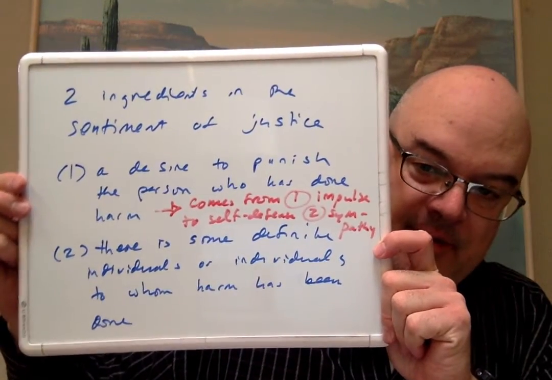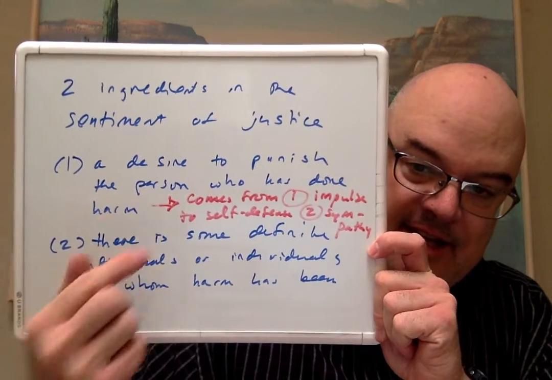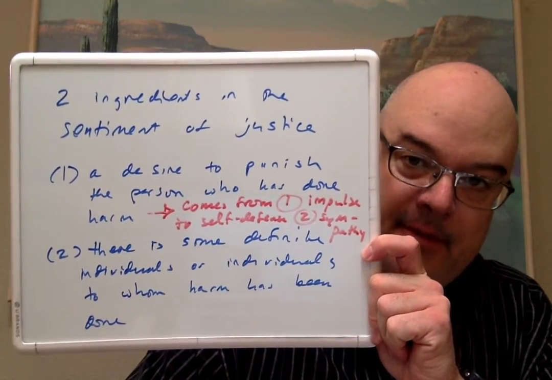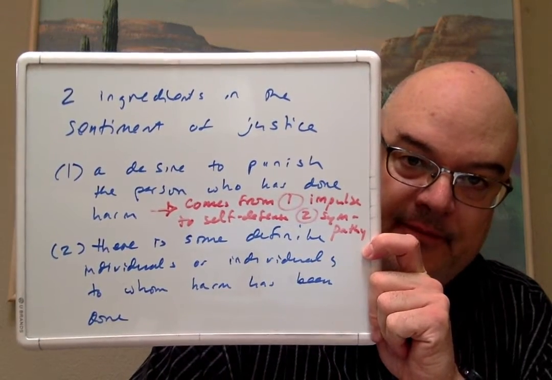The desire to punish someone who's done wrong comes from the two natural instincts of the impulse of self-defense and the feeling of sympathy.